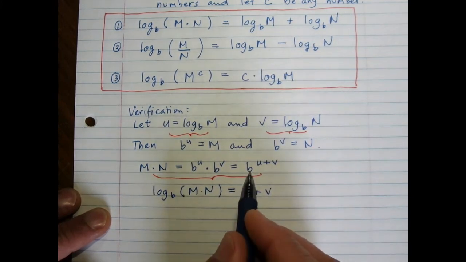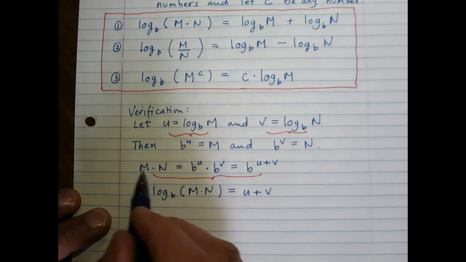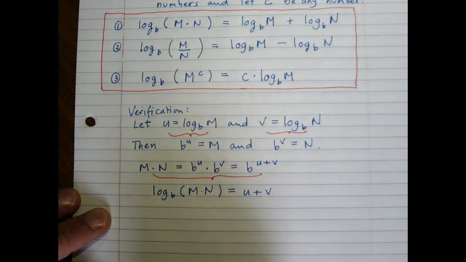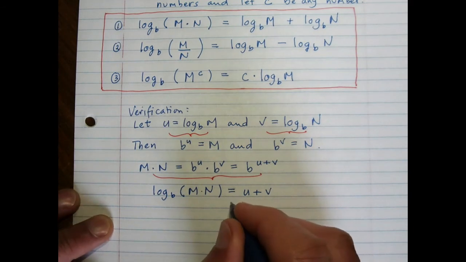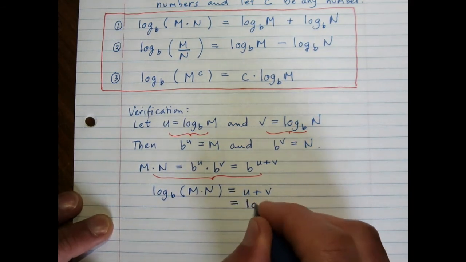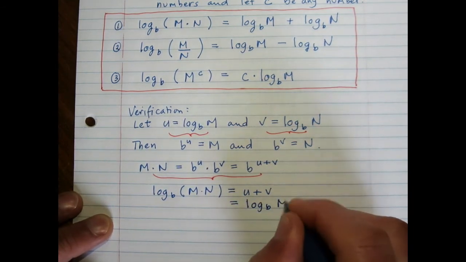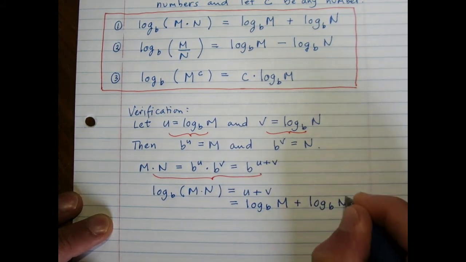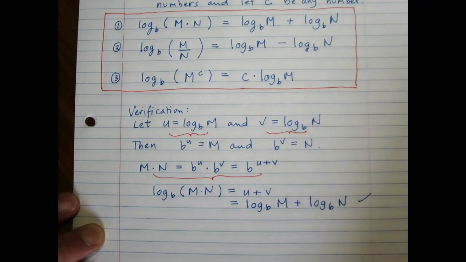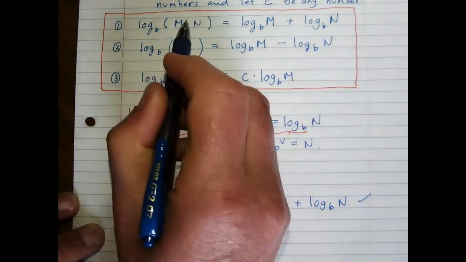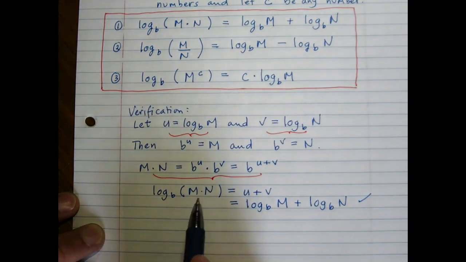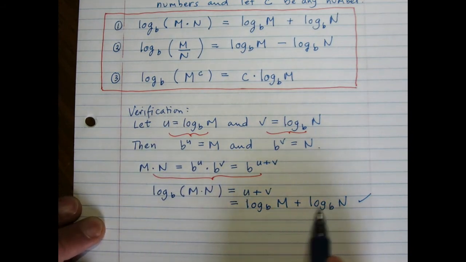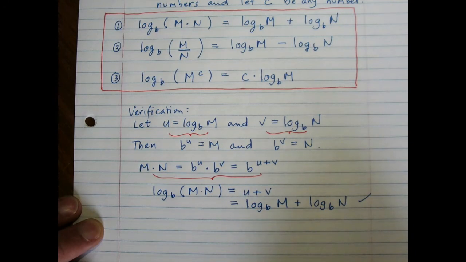Here's our base. Log base b of this number is equal to that exponent u plus v. But u plus v is just log base b of m plus log base b of n. And there's really our verification of the first law, log base b of the product m times n equals the sum of those logs taken separately.